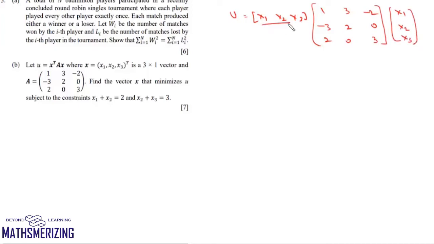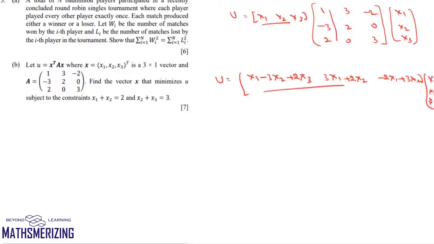Now we need to multiply it. So we'll multiply it, we'll get U as x1 minus 3x2 plus 2x3. Next one will be 3x1 plus 2x2, and the last one will be minus 2x1 plus 3x2 into x1, x2 and x3.